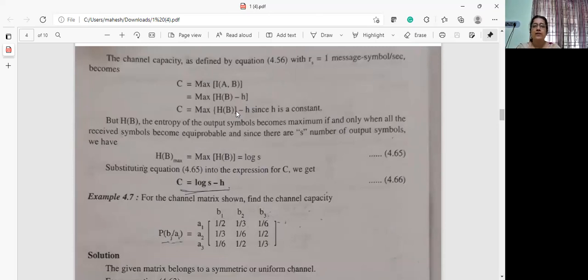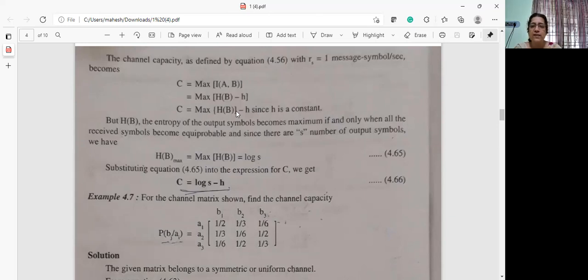Entropy will be maximum when all the symbols are equiprobable. That is, if there are two elements representing a symbol, then the entropy will be maximum at 1 by 2. If there are 3 elements representing a symbol, entropy will be maximum at 1 by 3.